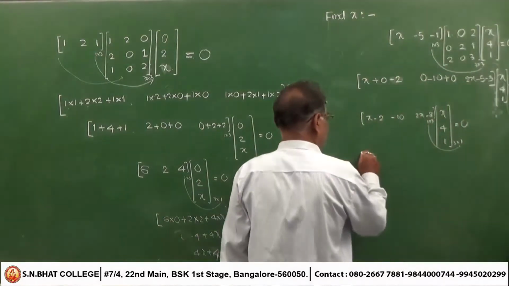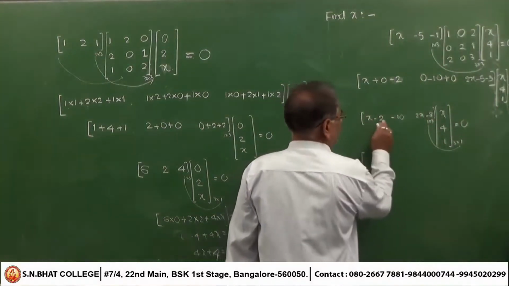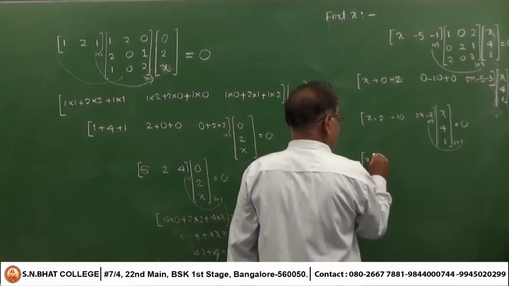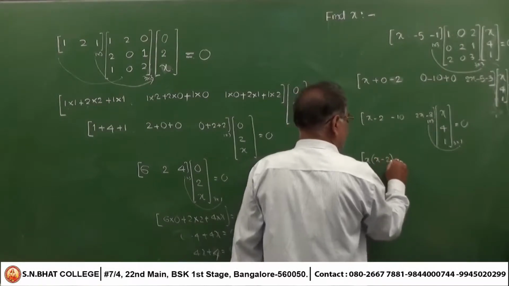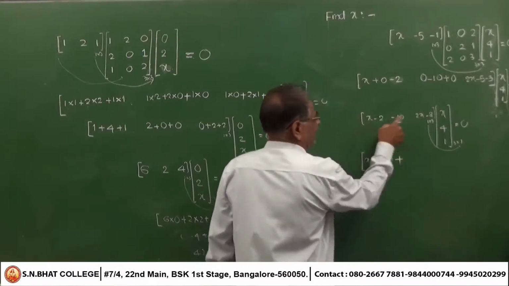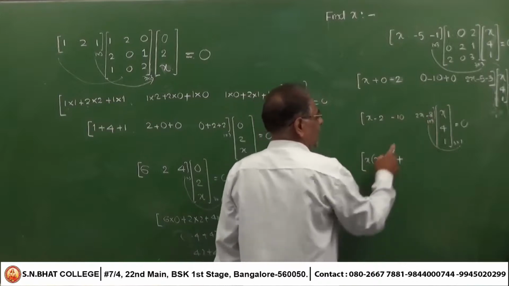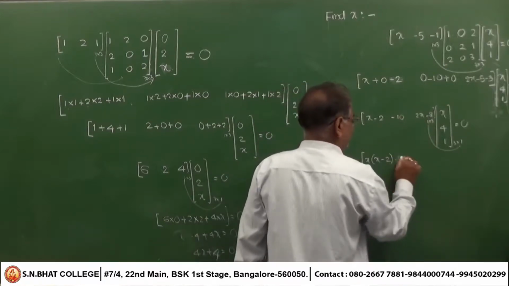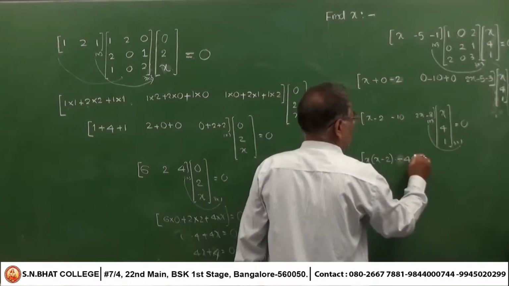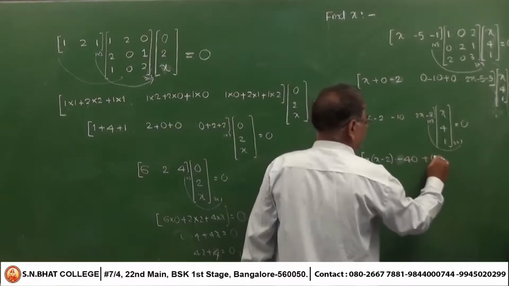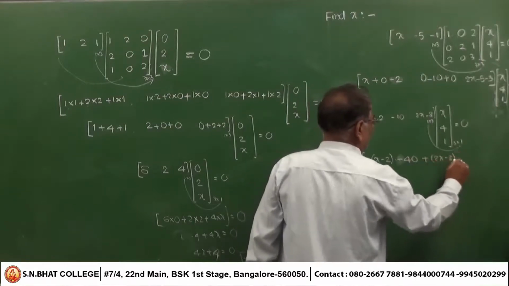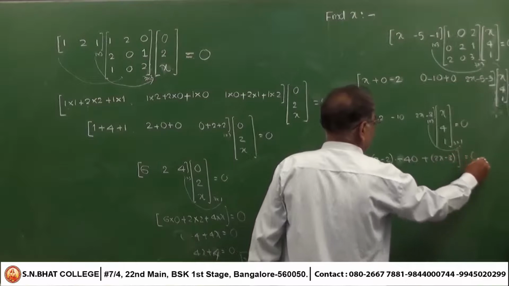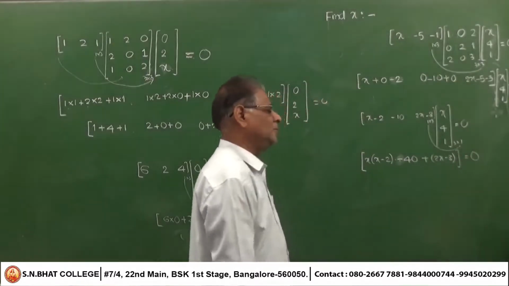Again, if you simplify this one: x minus 1 into x, this is x into x minus 2, in between sign is plus, x minus 2 into x, minus 10 into 4 is minus 40, plus 2x minus 8 into 1 is 2x minus 8, is equal to 0.